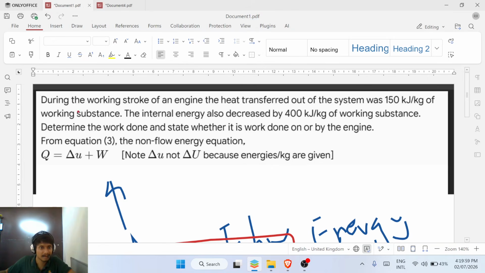The first question is: during the working stroke of an engine, the heat is transferred out of the system. We already discussed this in the part one video. The heat is transferred out of the system, therefore Q will be minus.